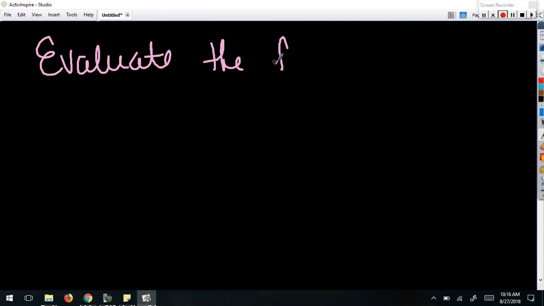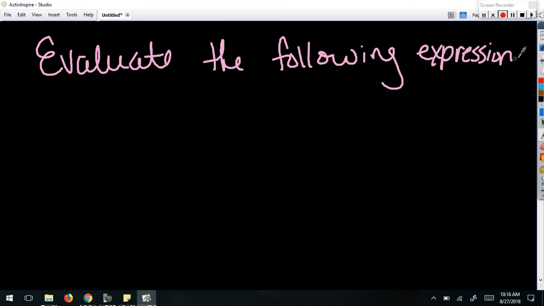Evaluate the following expressions when k equals 5, okay? And I'm going to define several algebraic expressions that we're going to go through and find what they equal when k is 5.